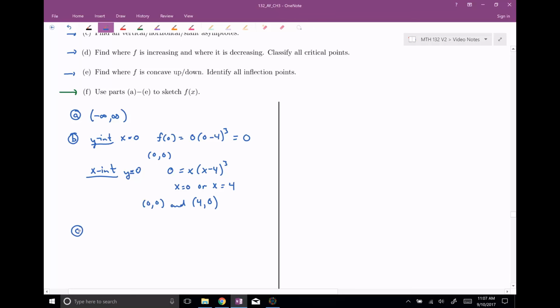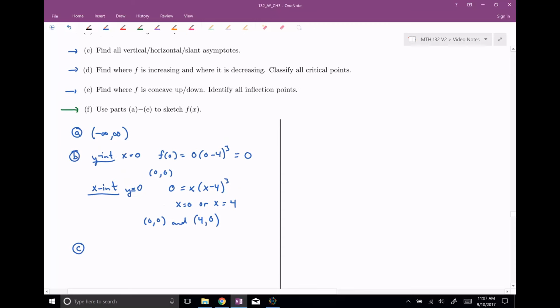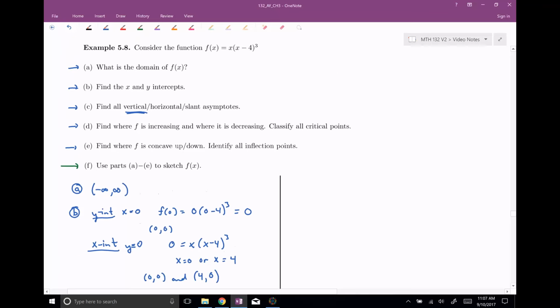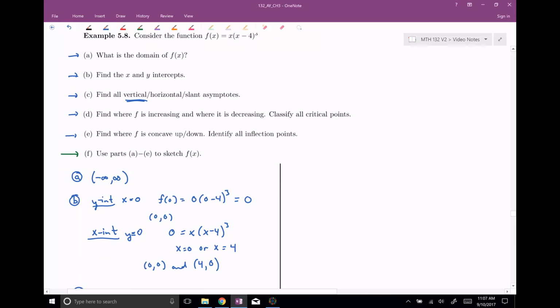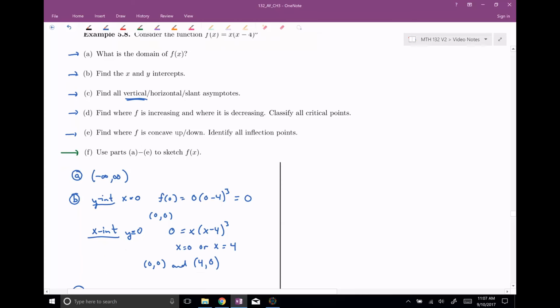Part C, we want to figure out vertical, horizontal, and slant asymptotes. Another name for vertical asymptotes is infinite discontinuities. That would require the function to not be continuous. But because this is a degree 4 polynomial, the function is always continuous, and therefore you're not going to have any vertical asymptotes.